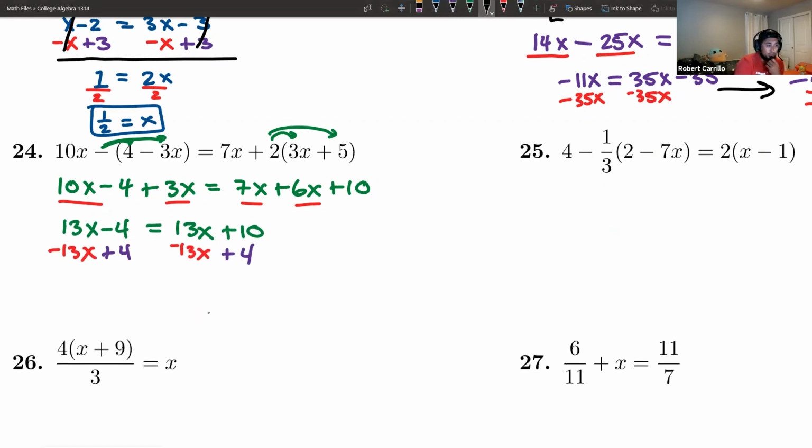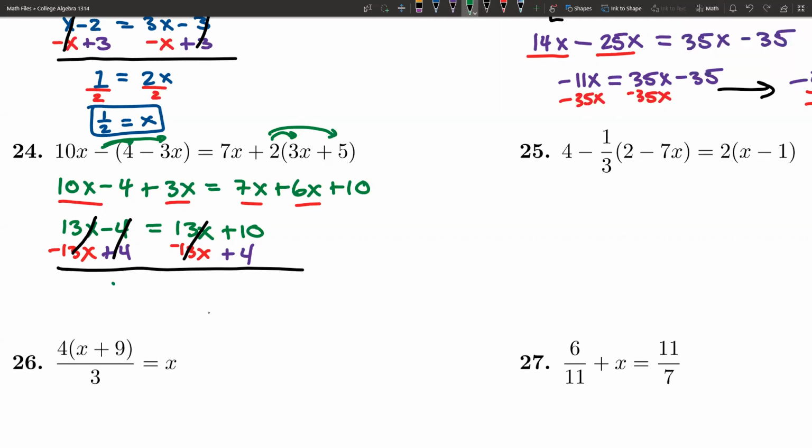And then process. 4's gone, 13's gone. So the left side, we are left with what number? 6. If everything canceled out on the left side. 14. I'm sorry, 14. Oh, that's going to be the right side.